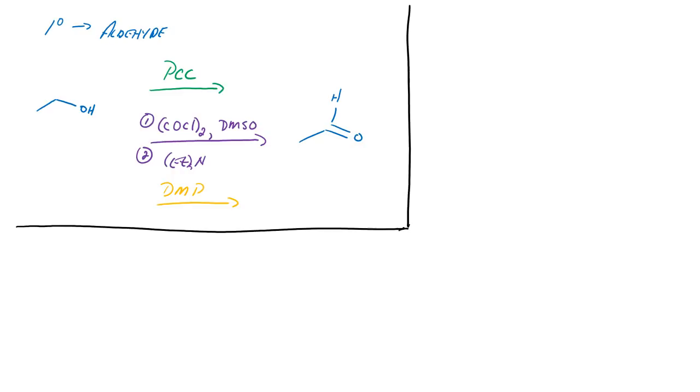Now if we take our primary alcohol and react that with chromic acid, let's see what color can I use here, red seems fine. If I use chromic acid or any of our setups to generate chromic acid, what we will end up forming is a carboxylic acid.